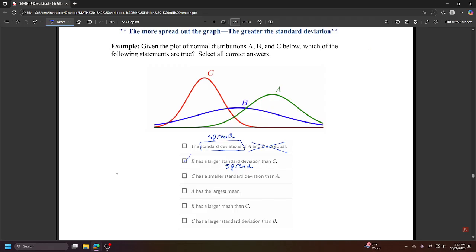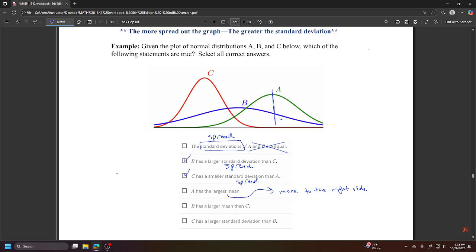Check mark. C has a smaller spread than A. Yeah, C is a lot more tight grouped, right? A is kind of drifting off a little bit into the ocean. A has a larger mean. What they mean by this is that it's more to the right side. It's like a number line, okay? That's really all they're saying. Does A have the most right side?